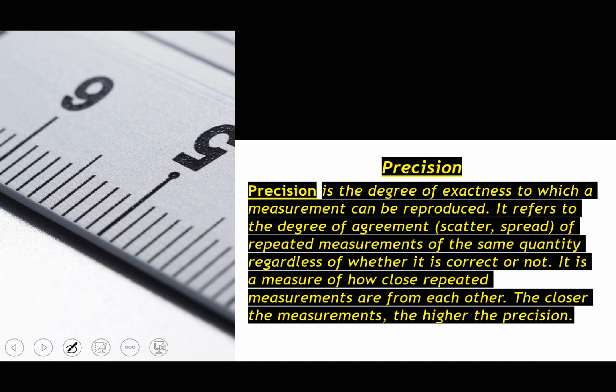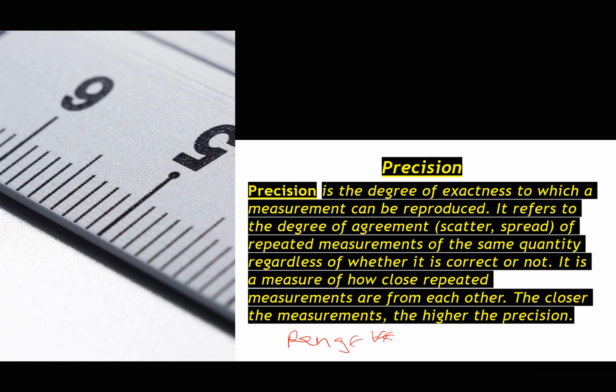Let us assume you have taken repeated measurements several times. And if the measured values are almost the same, then we say they are precise. If they are almost the same, it means the range of such values is very small.